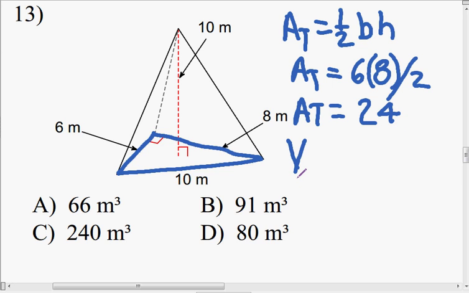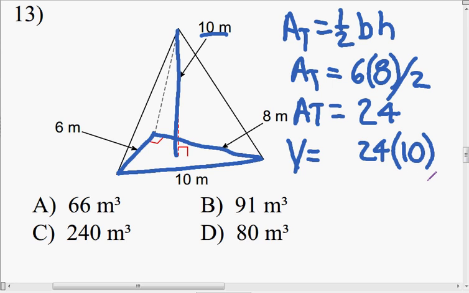The volume of the prism then would be 24 times the height, which is 10. But since it's actually a pyramid, not a prism, I have to multiply by 1/3.